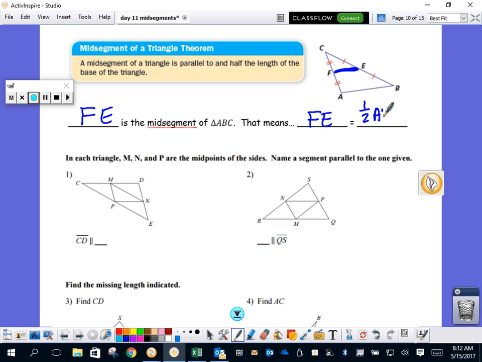You might see it written like this, or you might see it written like this. Okay? Same thing. 1/2 AB or AB divided by 2. Okay? Alright, we're going to skip 1 and 2.